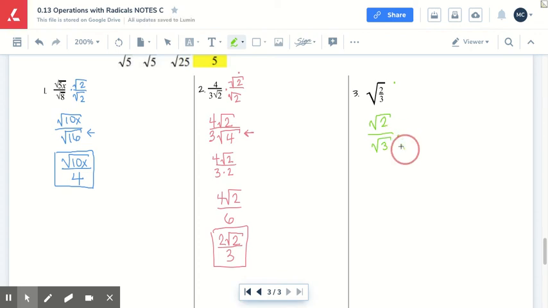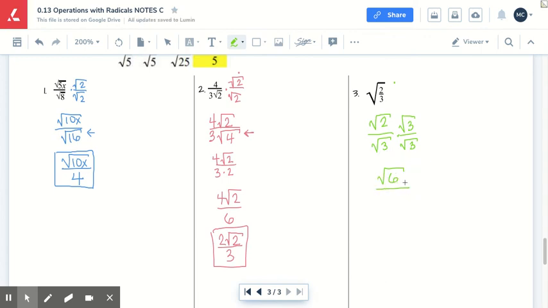For that one, the smallest perfect square that's related to 3 would be 9. So I would need a 3 for that one. 3 times 3 makes 9. Now on the top, I'm going to multiply the 2 radicals together. So 2 times 3 is 6.